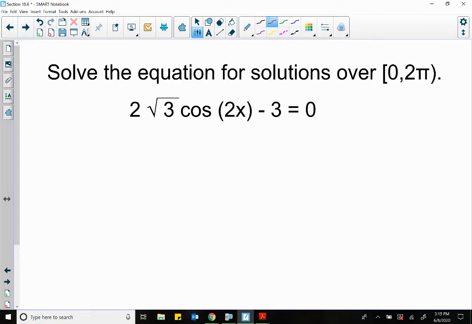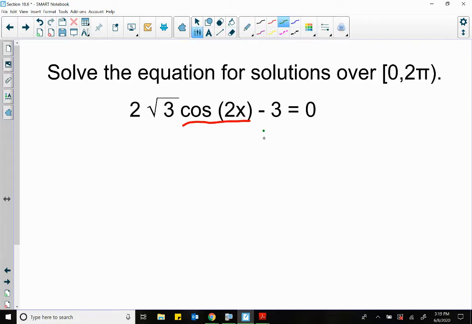We want to get cosine double angle by itself. So this one, there's no point in changing it. I guess if you really wanted to change it, you could, but I wouldn't. This is great. Just get the cosine double angle by itself. So how do we do that?